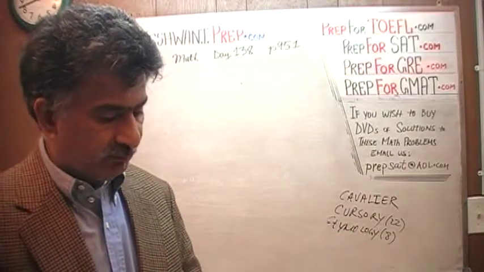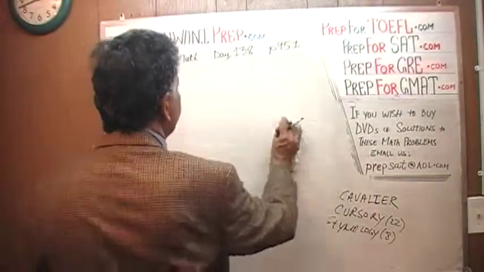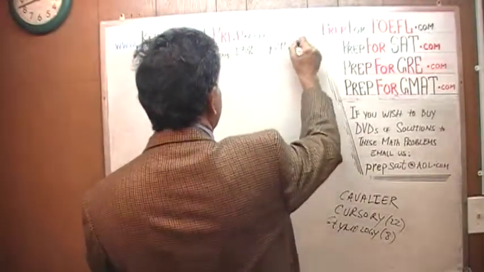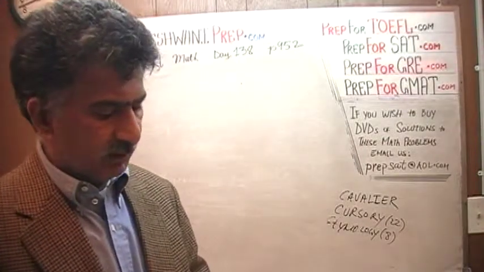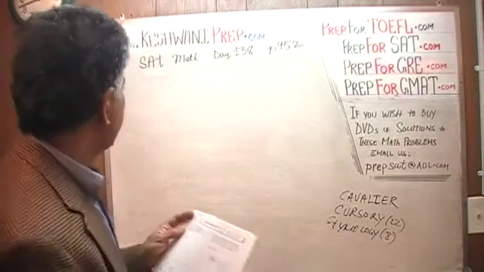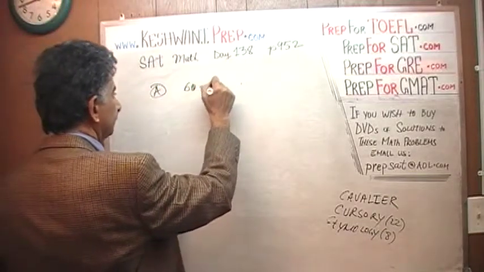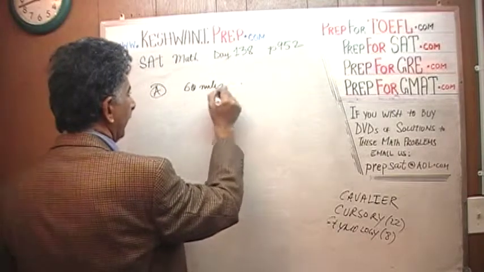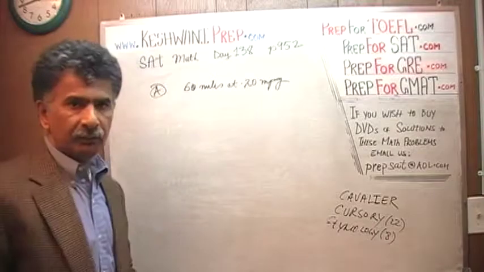We are on the next page, page number 952. Number 3. Car A travels 60 miles at an average of 20 miles per gallon. Alright. So car A went 60 miles and used fuel at 20 miles per gallon. That was the consumption.